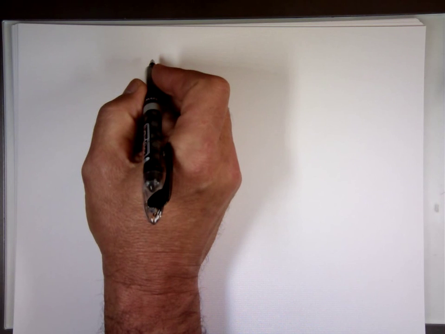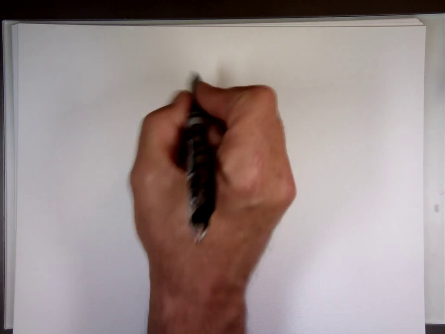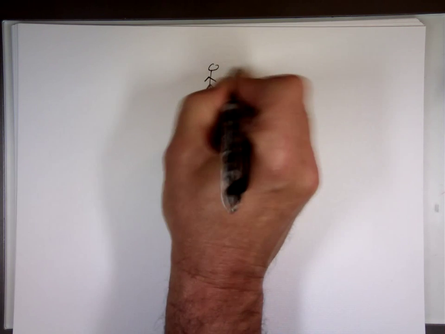Okay, let's do a goal line stand. On a touchdown attempt, we have two people blocking each other. There's two people.